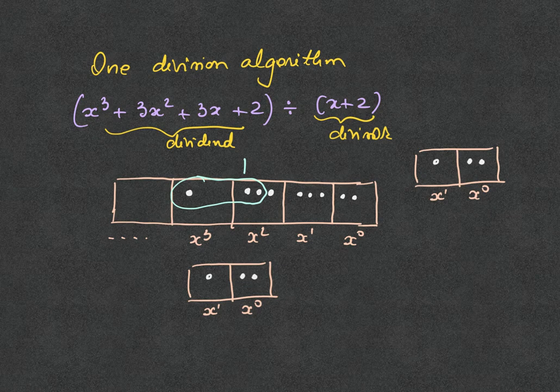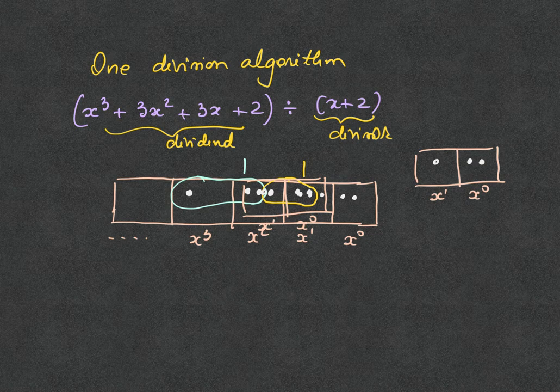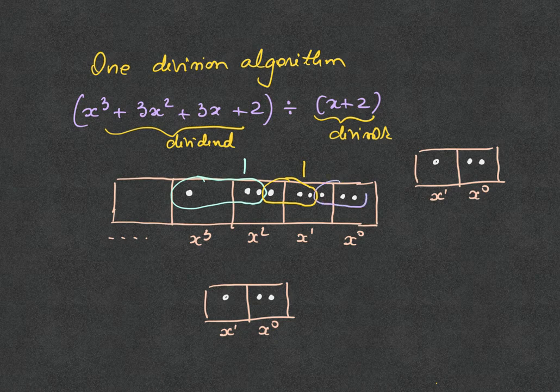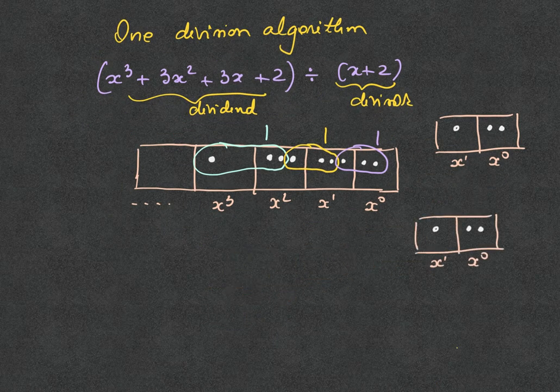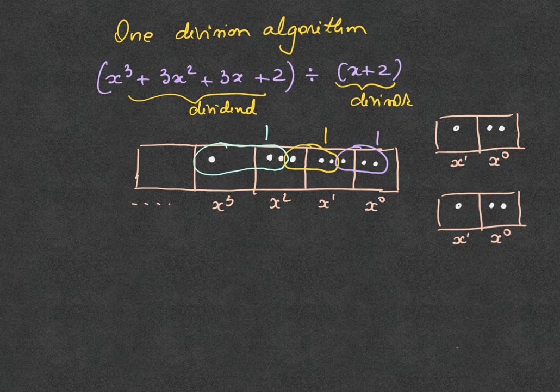Now let's continue. I need another x plus 2. 1 dot from one box and 2 dots from the next box. It's one object that is coming here. And then I have another one. It's one object here and one object here. So it's that one. Therefore, I can say that I don't need any more of this.